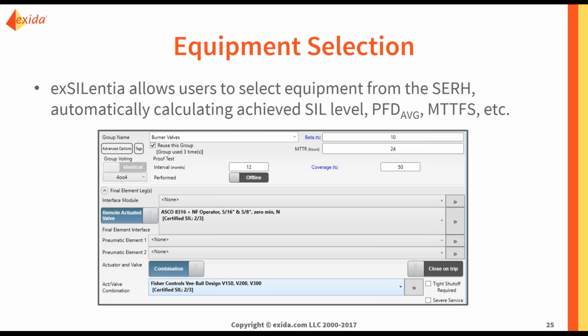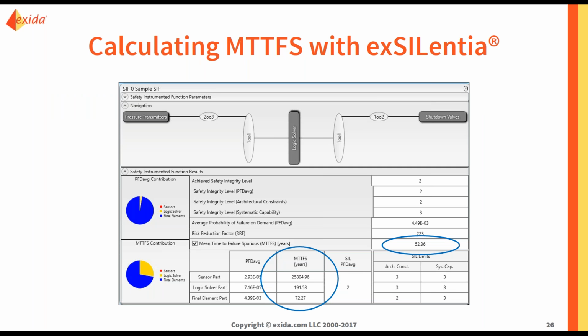So again, once you select that equipment, exSILentia is going to calculate for you your achieved SIL level, your PFD average, and your mean time to fail spurious. Here I have a screenshot of a few final elements, and you can see that the equipment is chosen from a drop-down menu from the SERH. Then you're going to model your SIF.